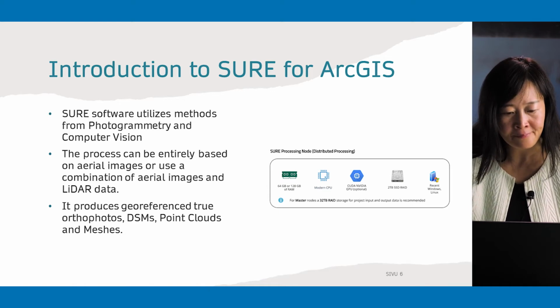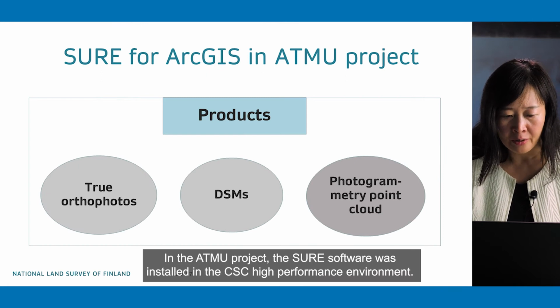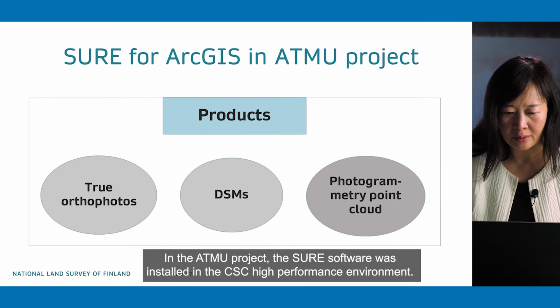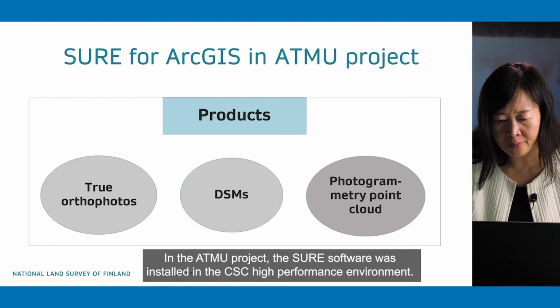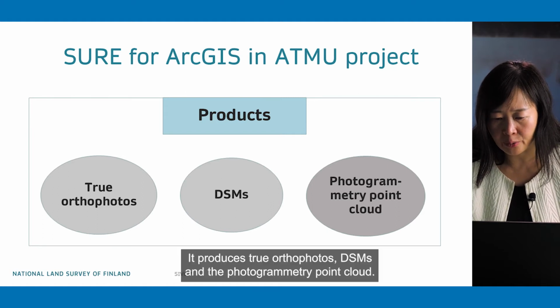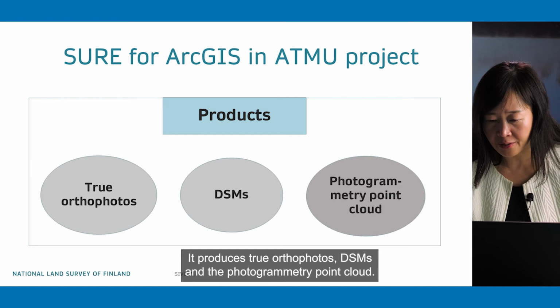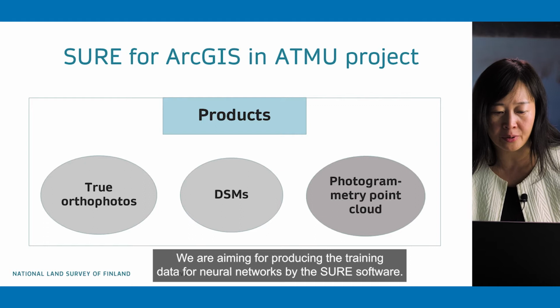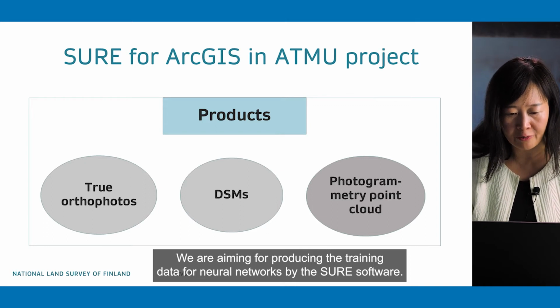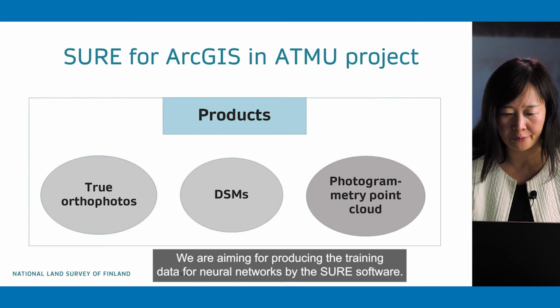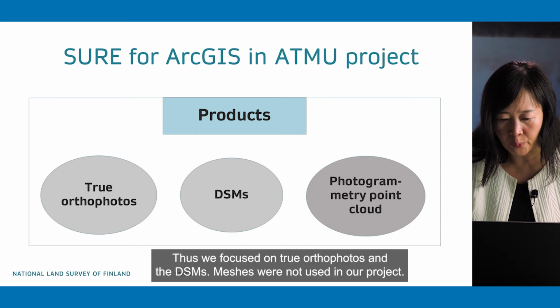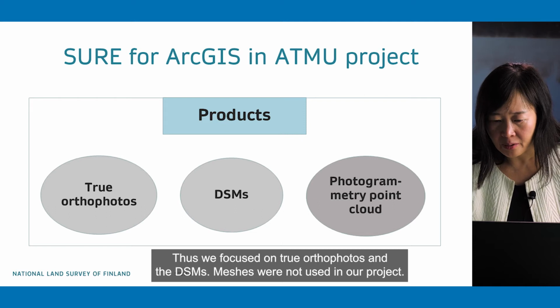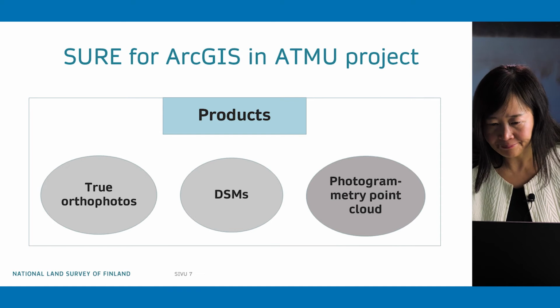In the Autumn project, the Sure software was installed in the CSC high performance environment. It produces true orthophotos, DSMs, and the photogrammetry point cloud. So we are aiming at producing the training data for neural networks by the Sure software. Thus, we focused on true orthophotos and the DSMs. Meshes were not used in our project.